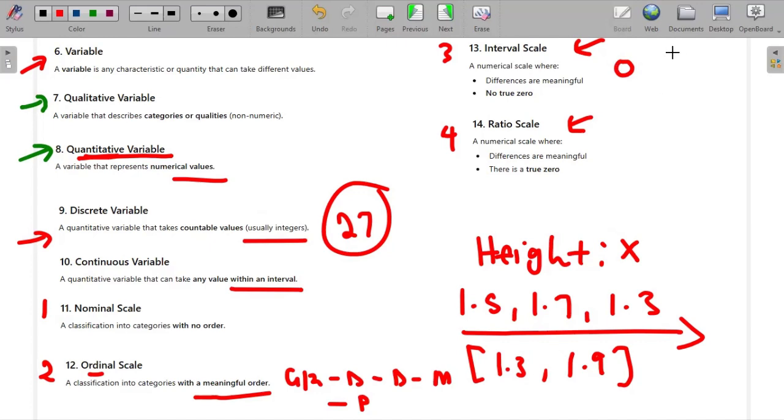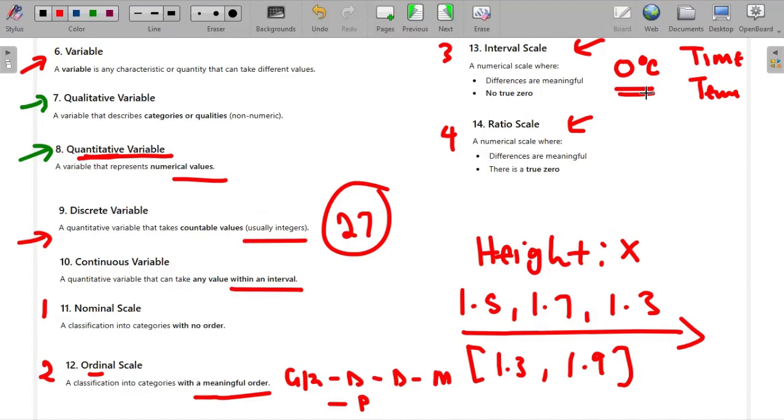A good example is time or even temperature. When you say the temperature is 0 degrees Celsius, does it mean there is no temperature? No, the temperature is there, but it's just zero. Or when we say the time is 0:00, does it mean there's no time? No, the time is there, but it's just 0:00.